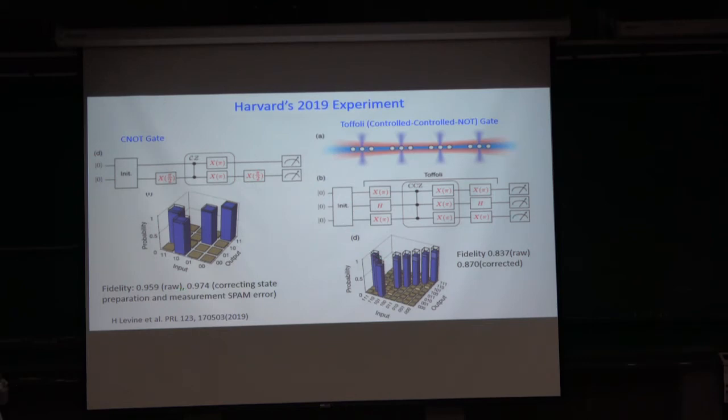Another important feature of Rydberg atoms is that they have long-range interaction. In a demonstration experiment, people just prepare 2 atoms. But ideally, you can prepare many atoms, and if you excite one atom, the nearby atoms will experience that dipole-dipole interaction. So you can actually build a so-called multi-qubit gate, like a Toffoli gate.